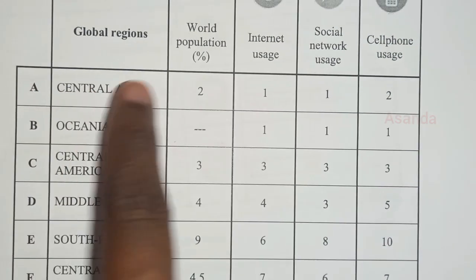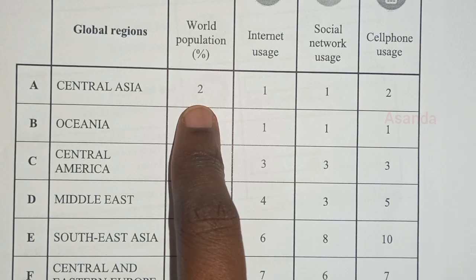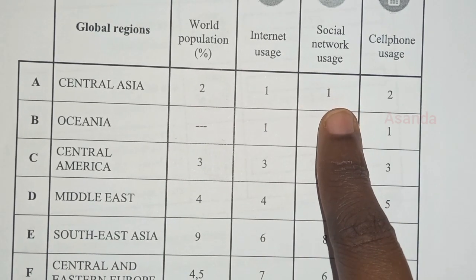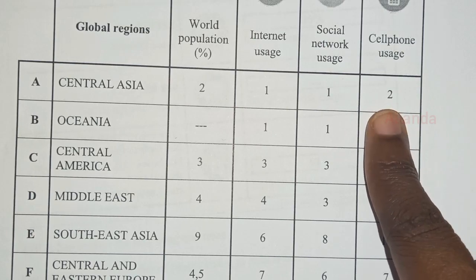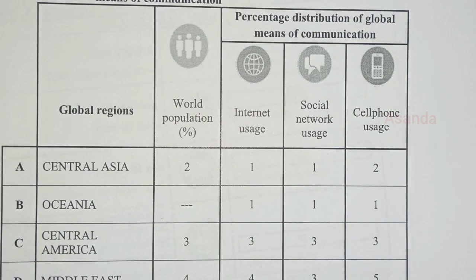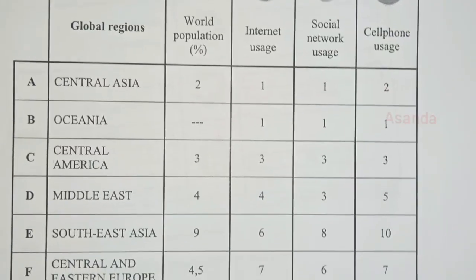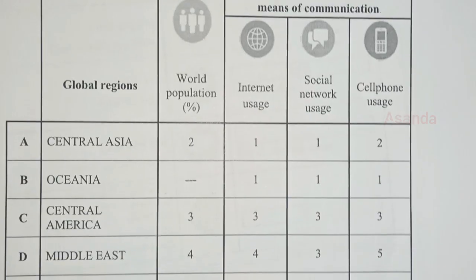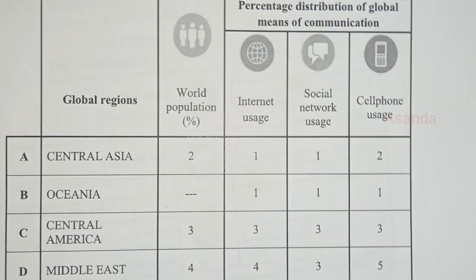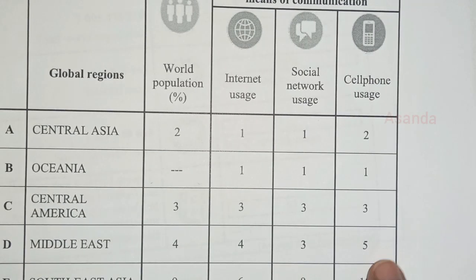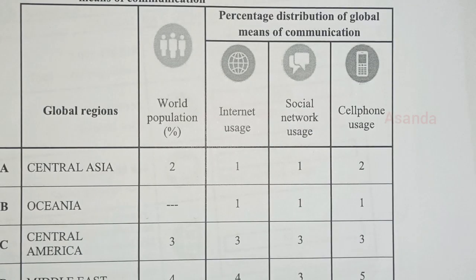For example, Central Asia, world population is 2% of the world, internet usage 1%, social network usage 1% of the world, cell phone usage 2% of the world, right? Percentage distribution means of communication. Middle East, 4% of the world population, internet usage 4%, 3% distribution of global means of communication, and 5% distribution of global means of communication for cell phone usage.